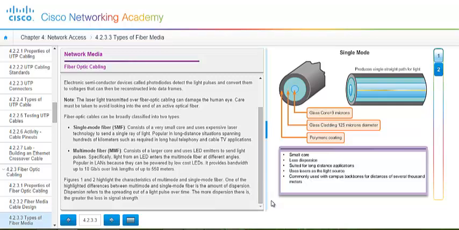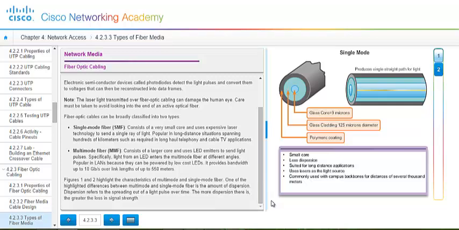Specifically, light from an LED enters the multi-mode fiber at different angles. It's popular because it can be powered by low-cost LEDs, and it provides bandwidths up to 10 gigabits over links of up to 550 meters.